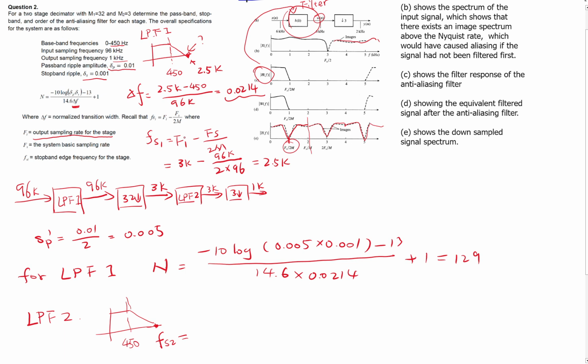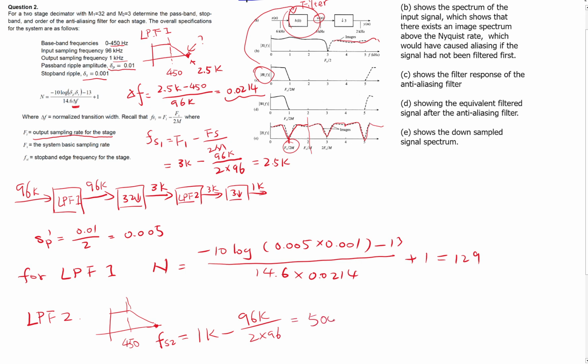F2 is the output sampling frequency at this stage, which is 1K, minus Fs, still the basic sampling frequency of 96K, over 2 times 96.